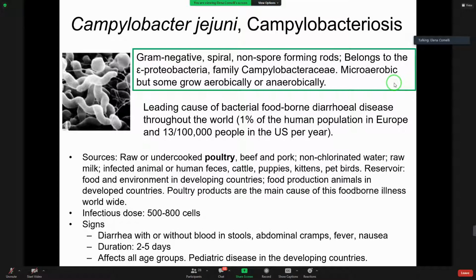The signs of campylobacteriosis are diarrhea, with or without blood in the stools, abdominal cramps, fever, and nausea. It may affect all age groups, but in developing countries, it is largely a pediatric disease.